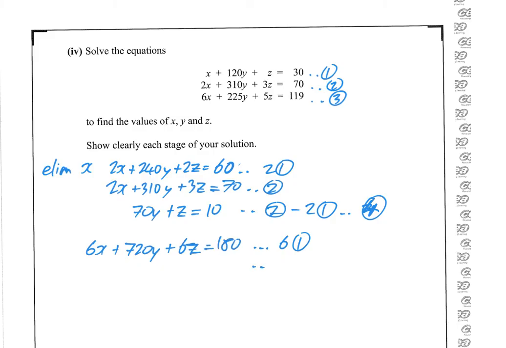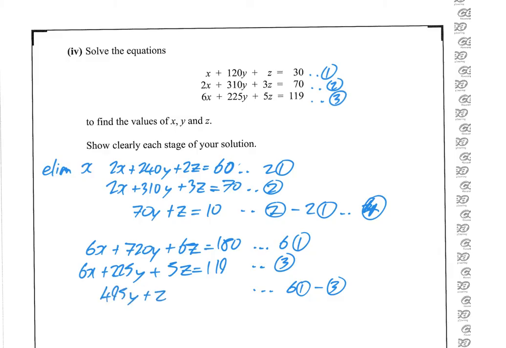I'm going to write down my equation 3 underneath it again. So that's going to be 6x plus 225y plus 5z is equal to 119. And I'm going to subtract, take those away. I'm going to do the top one minus the bottom one, just makes life easy. And then I will have 495y plus z is equal to 61. And that's my equation 5.